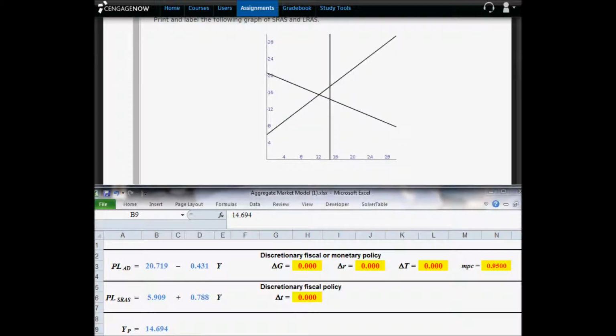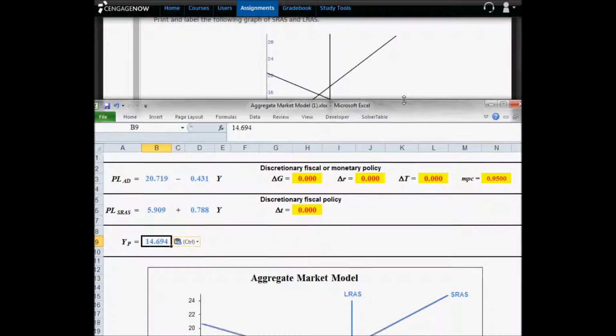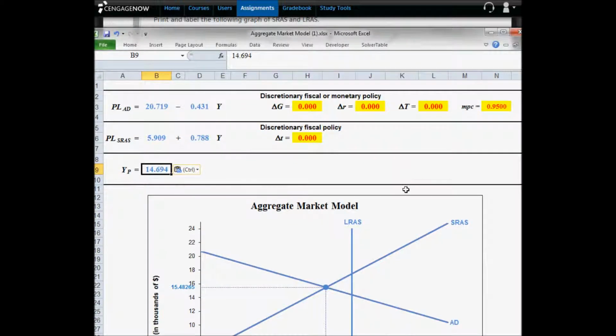The diagram you see in Cengage Now should look like the diagram that Excel produces, which is the case.